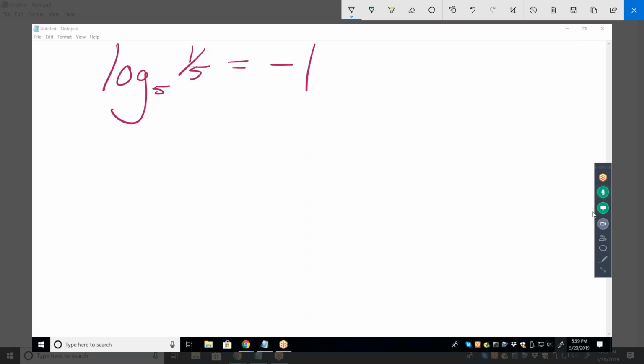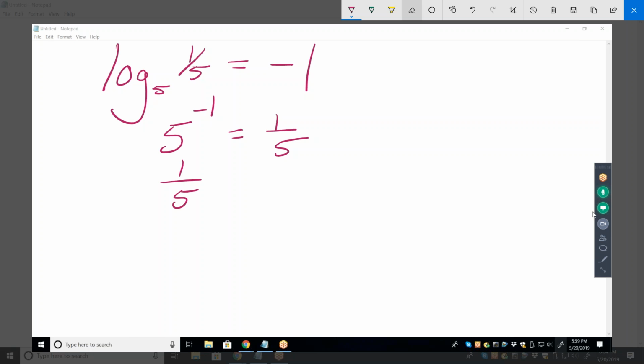Tell me what it is. So it'd be 5 raised to the -1 equals 1/5. Is that a true statement? Yes, because 5 raised to the -1 is 1/5.